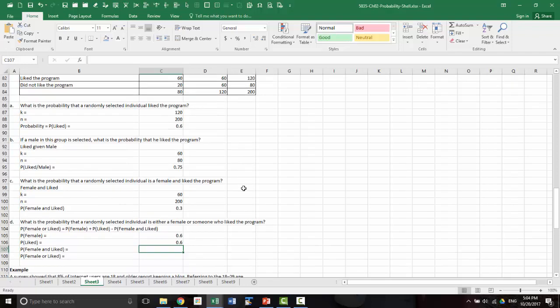Okay. Probability of female and liked, that we have here. We can even go here and get it, but let's get it from here. So probability of female or liked is probability of female plus probability of liked minus the intersection.